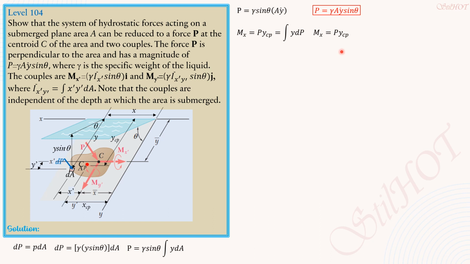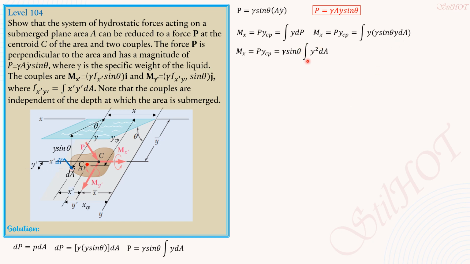So Mx equals P y sub cp, and it is also equal to the integral of y times dP, and differential P is gamma sine theta y dA. Putting gamma sine theta before the integral sign, we have Mx equals P y sub cp equals gamma sine theta integral of y squared dA.